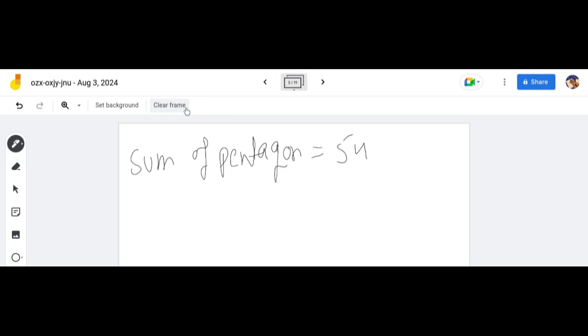So we have the pentagon, we multiply 5x, and that equals 540. Then we divide 540 by 5: 5 eights are 40, 5 ones are 5, so the answer will be 108. Okay.